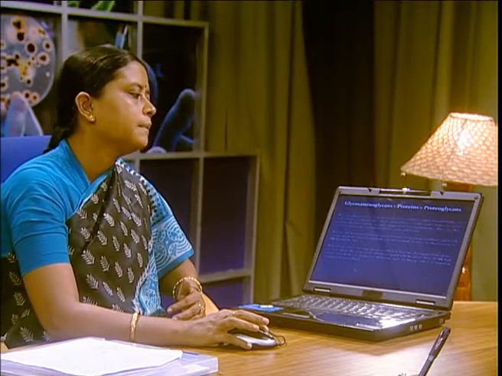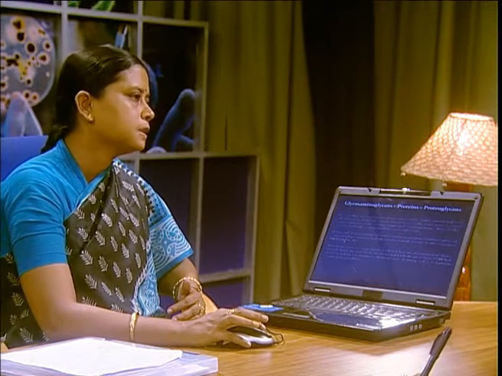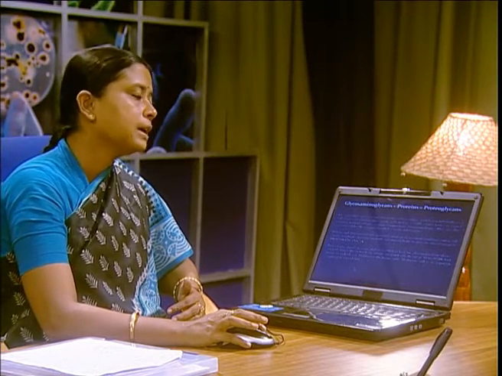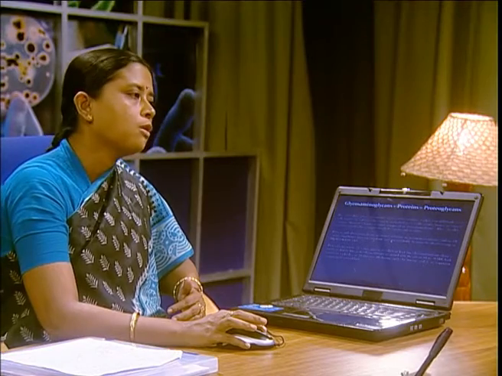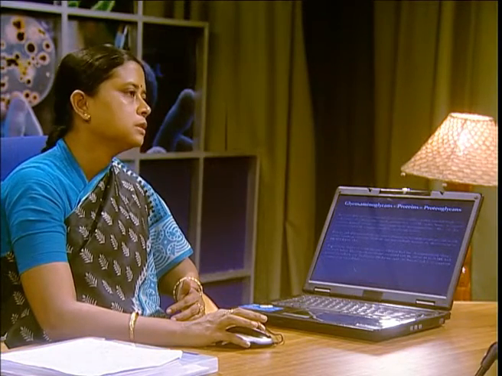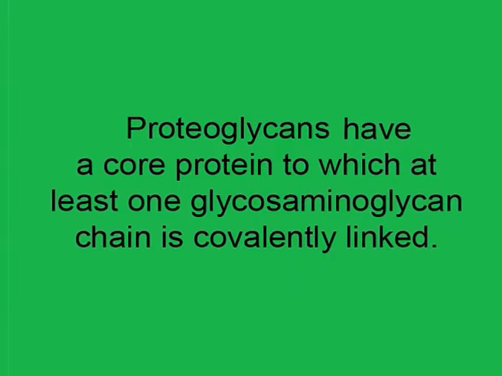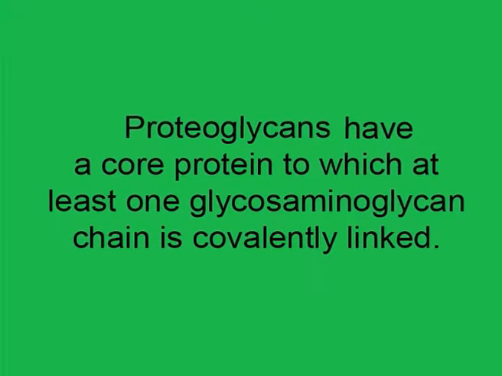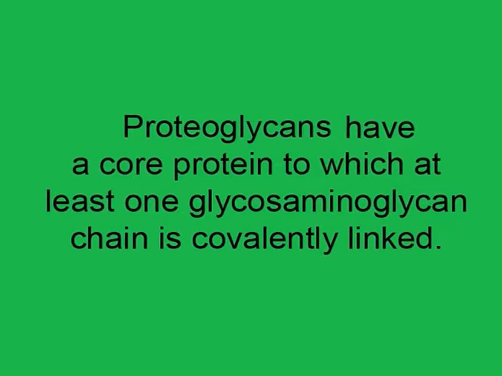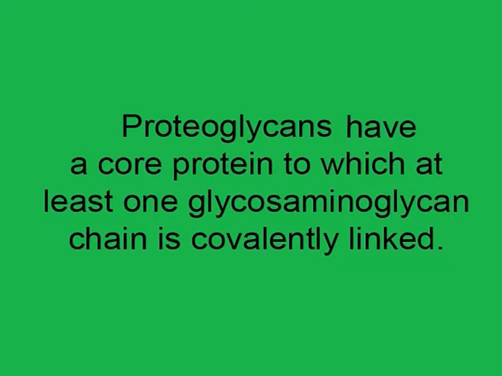The proteoglycans are glycosaminoglycans which are covalently or non-covalently bound to proteins in the basement membranes and in cell surface membranes, forming a diverse group of proteoglycans. Proteoglycans have a core protein to which at least one glycosaminoglycan chain is covalently linked.